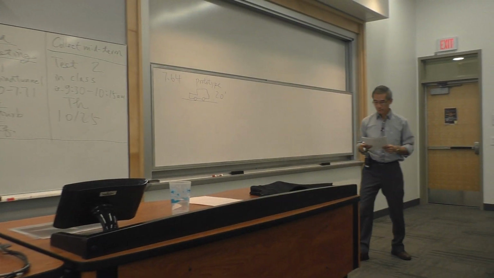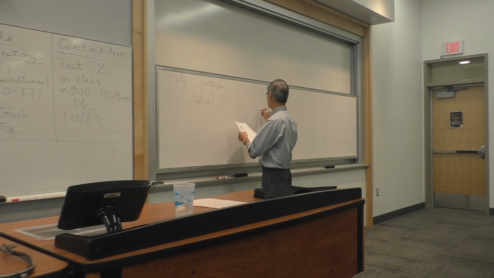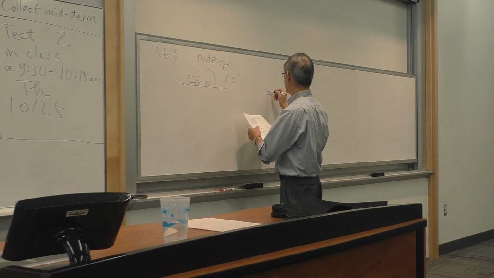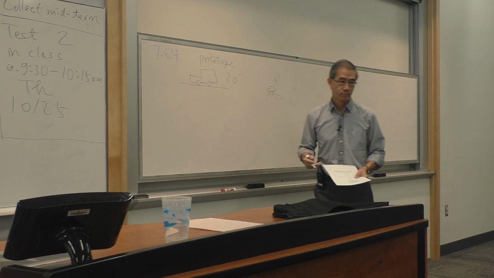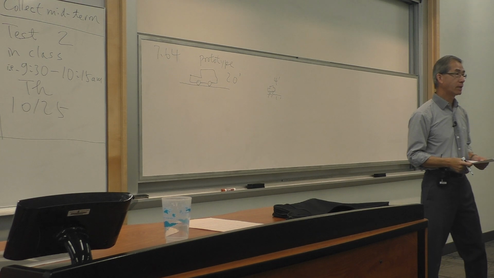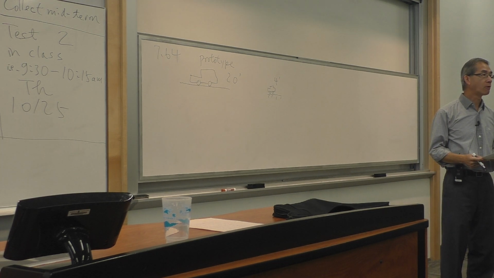We're going to test a much smaller model, 4 foot, say at the Virginia Tech wind tunnel, which is barely big enough. That wind tunnel is about 6 foot in cross section, so it's barely enough to fit this model in there.